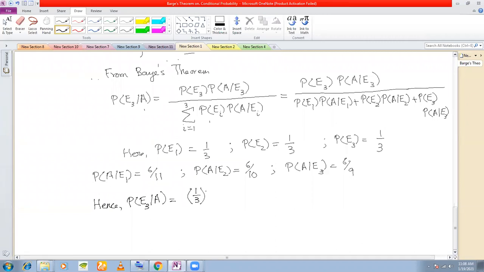P(A/E3) is 6 by 9, divided by 1/3 into P(A/E1) is 6 by 11, plus P(E2) is 1/3, P(A/E2) is 6 by 10, plus P(E3) is 1/3, P(A/E3) is 6 by 9.